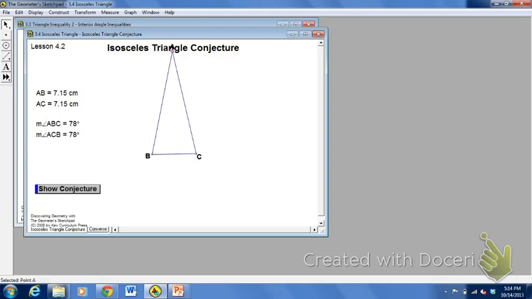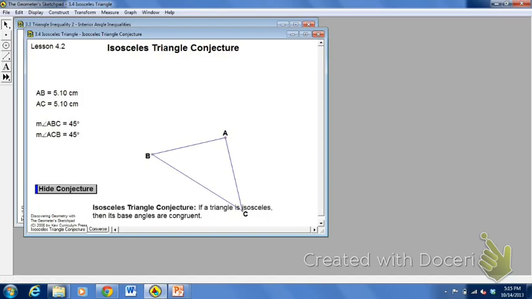The angles will always equal each other, angle B and angle C. And if we drop A down low, we'll see that even if A is obtuse, as long as AB and AC are equal, angle ABC, or angle B, and angle ACB, or angle C, will always be equal to each other. So, if a triangle is isosceles, then the base angles are congruent.